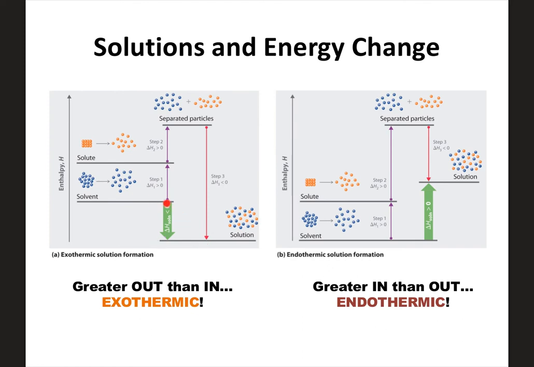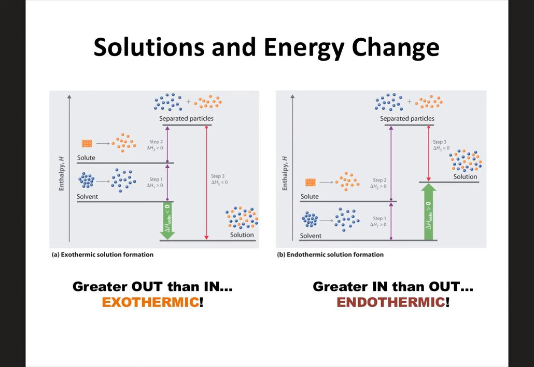And the difference here would be your delta H, your negative delta H in this case, because you got more energy given off when they formed the solution. So that's why this one would dissolve and form the solution and energy would be given off. The amount you got out is greater than the amount you put in to separate the solute and the solvent. So you have to be able to look at that and understand this.